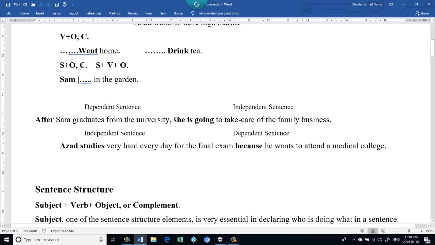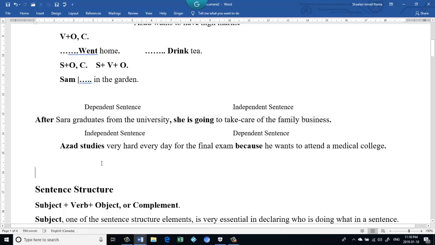This part of the sentence is independent, and the whole sentence now is okay because this independent sentence is supporting the dependent sentence here.